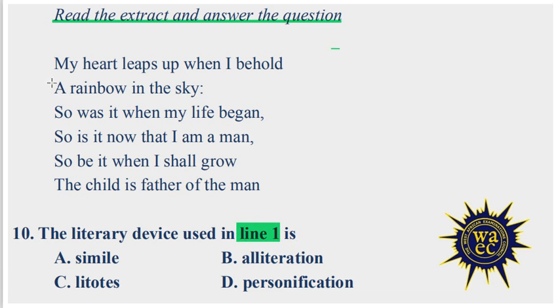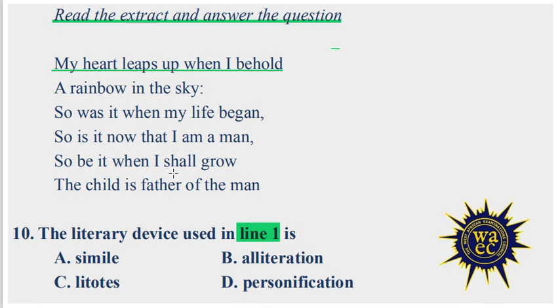Let's bring our attention to the first line of the poem. The question says, the literary device used in line 1 is A. Simile, B. Alliteration, C. Litotes, D. Personification. What do we have in line 1? My heart leaps up when I behold.